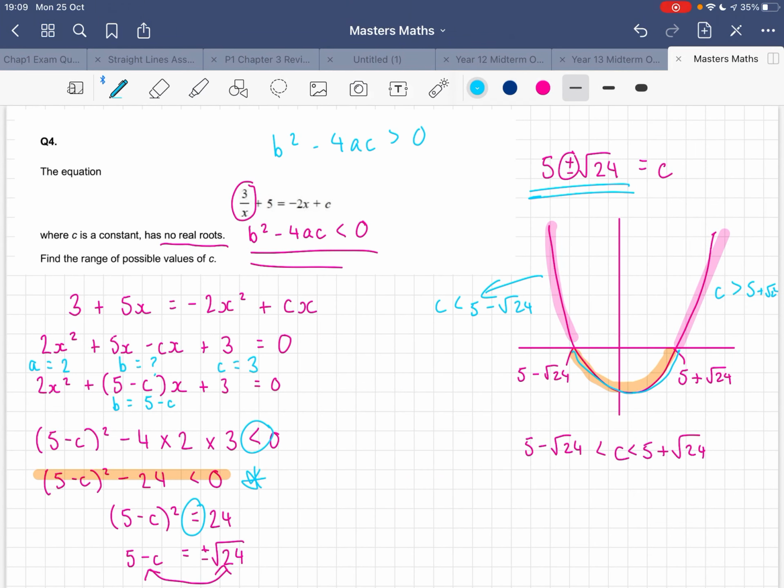So it is a lot of work, but you get a lot of marks for it. And even if you only get halfway through, the chances are you'd still get 3, maybe 4 marks.